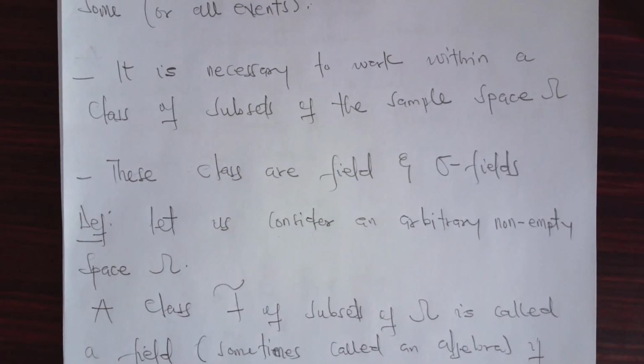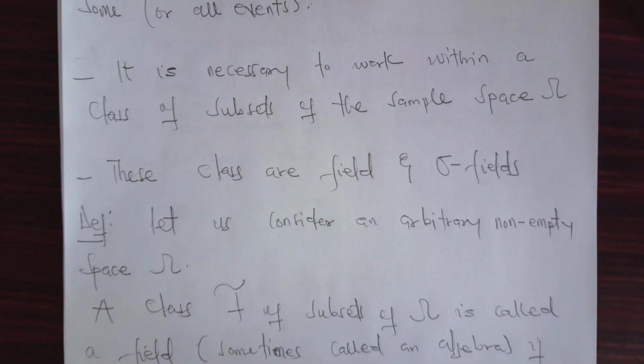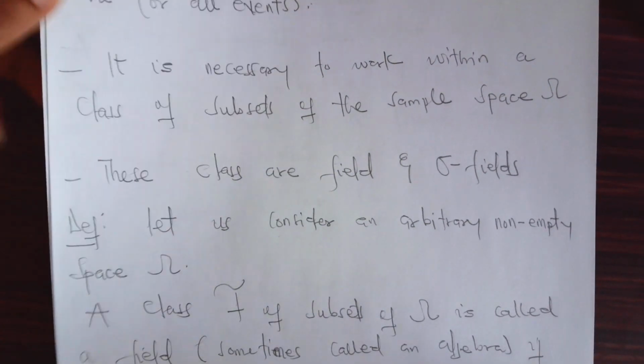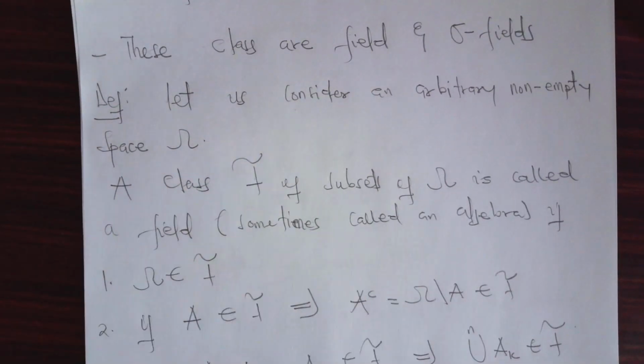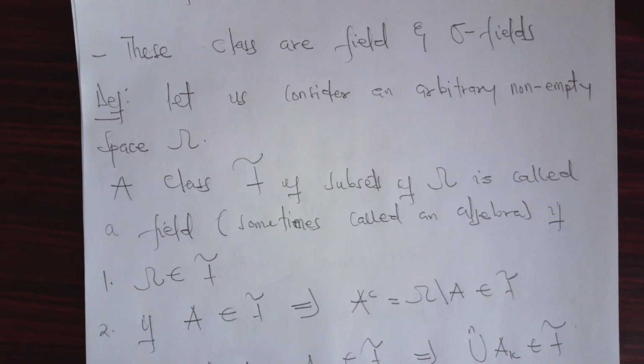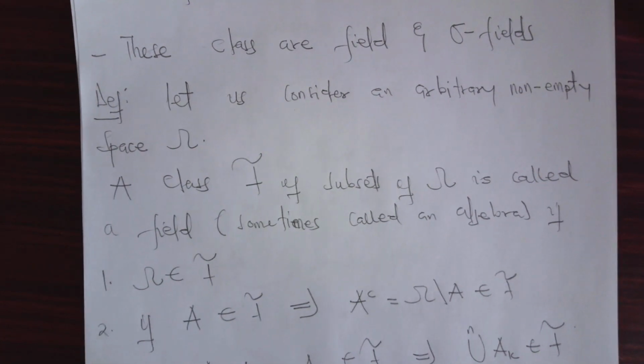That's omega. We say that a class F of subsets of omega is called a field if it satisfies these conditions. Before we call F a field, it needs to satisfy these conditions. 1, we have to have the whole space belonging to the field. 2, for any element that belongs to the field, its complement should also belong to the field.